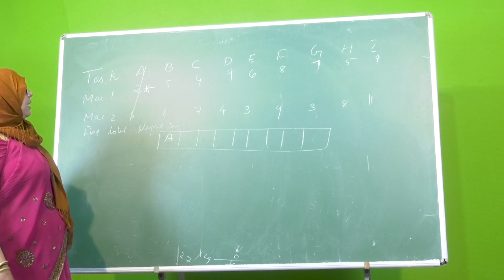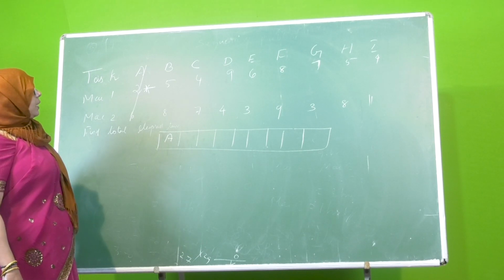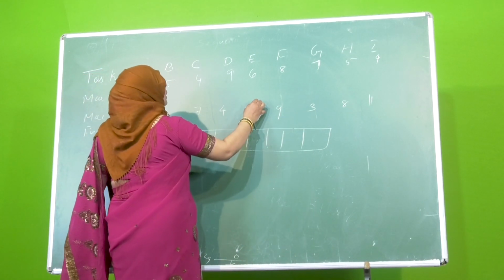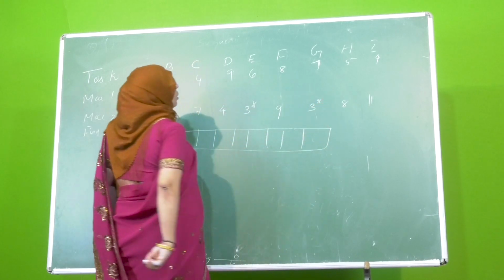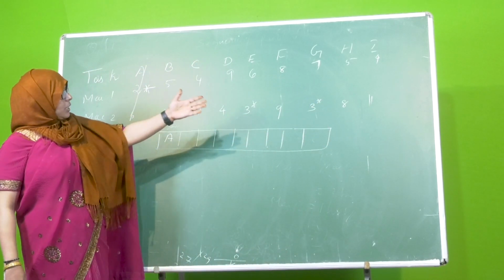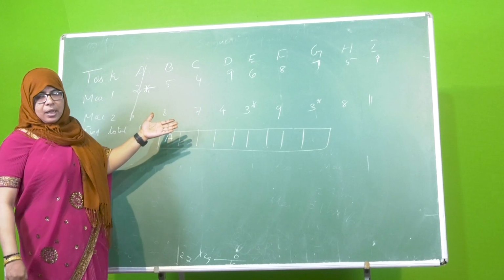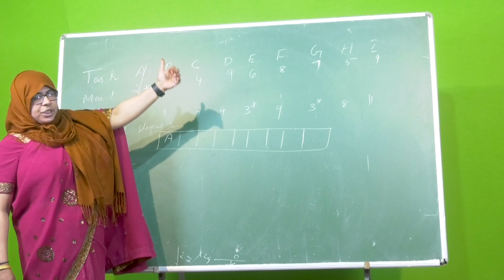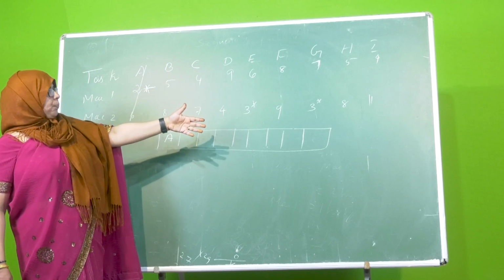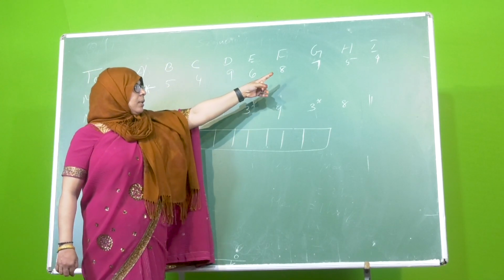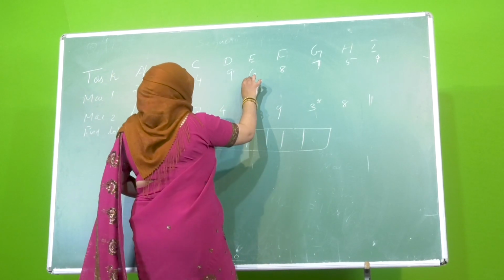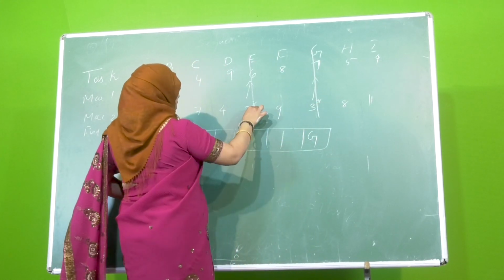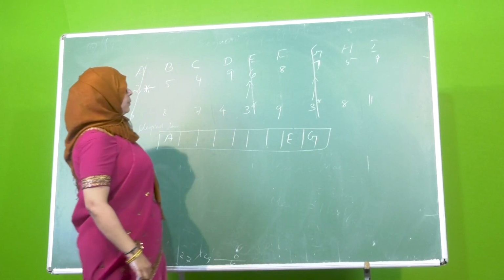What is the least element? 3 and 3. So, among these two elements, what can we write? E or G. Which one is the first preference? G, because the corresponding elements are 6, 7. So G, then only you have to write E.